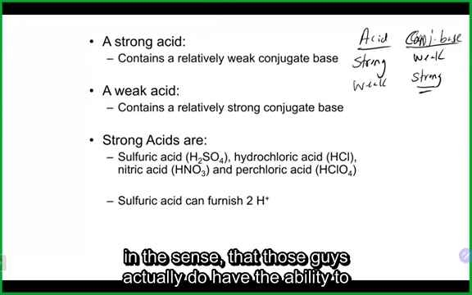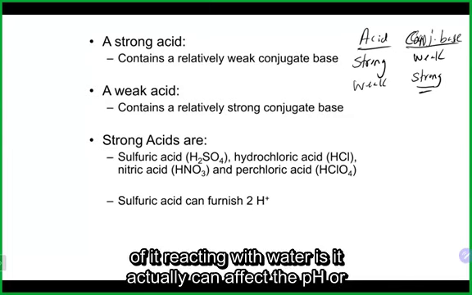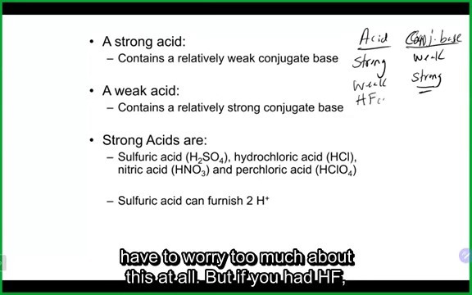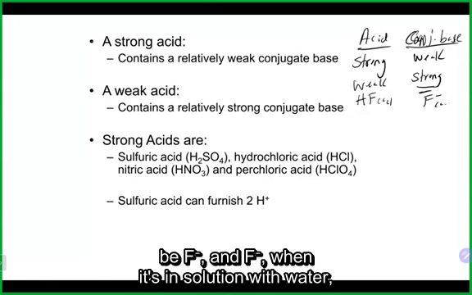It means in the sense that those guys actually do have the ability to continue to react with water that's present. And the effect of it reacting with water is it can affect the pH or the acidity of that solution. As an example, and again, you don't have to worry too much about this, if you had HF, which is a weak acid, its conjugate partner or base would be F minus.